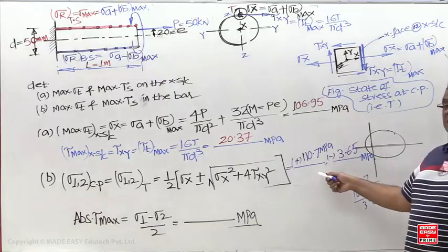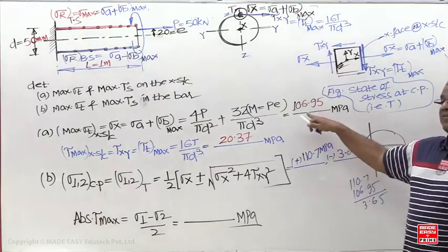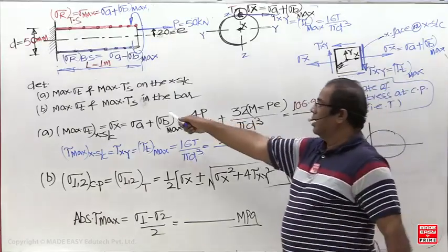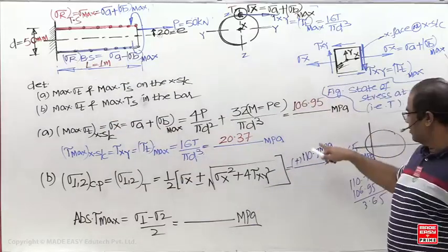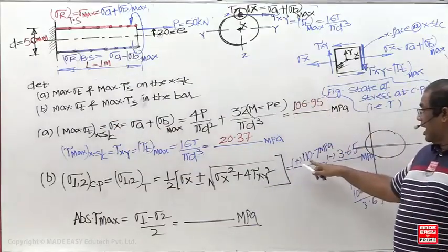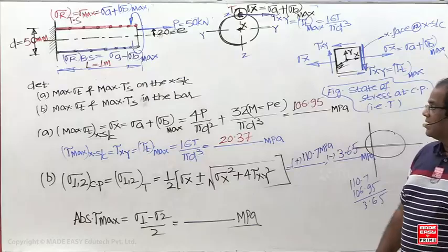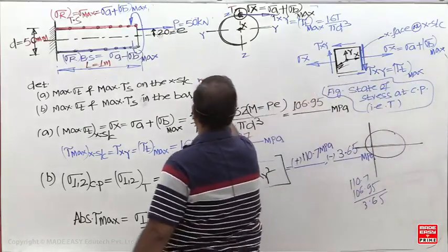So what is the maximum tensile stress in the bar? If you ask the same question directly, the maximum tensile stress in the bar, everybody is going for this value. But what is the maximum tensile stress in the bar? 110.7. So what is the answer for this question?